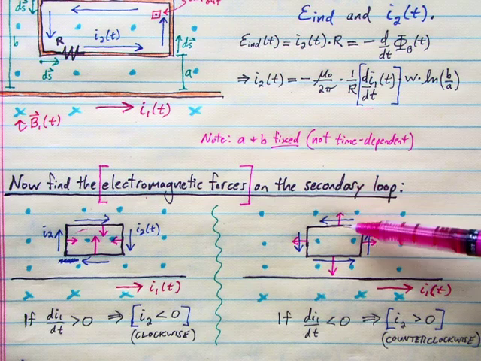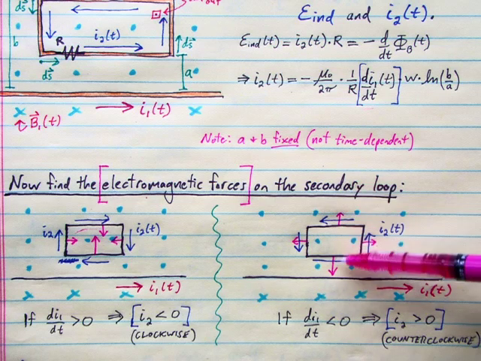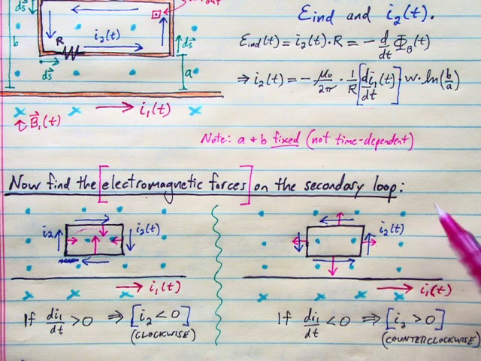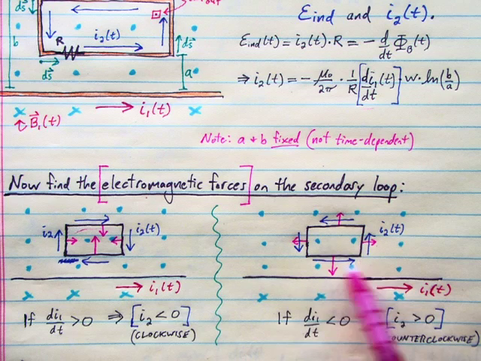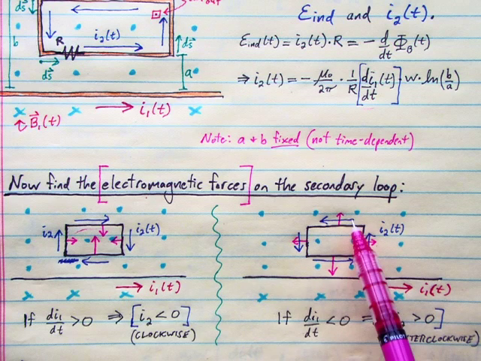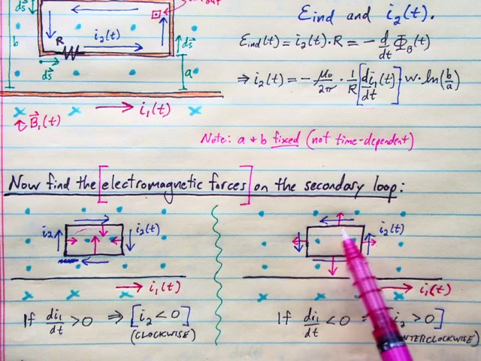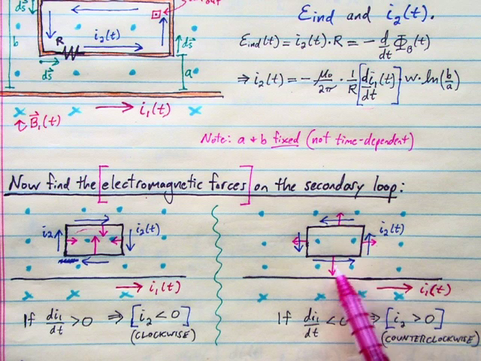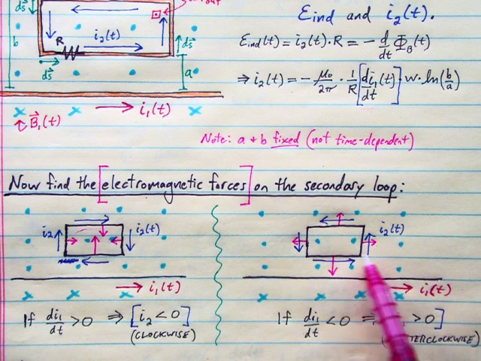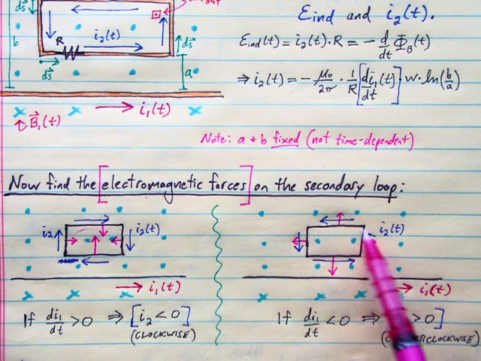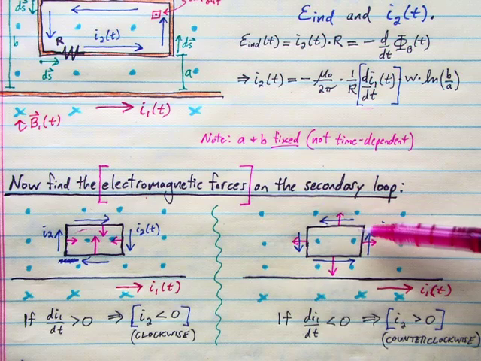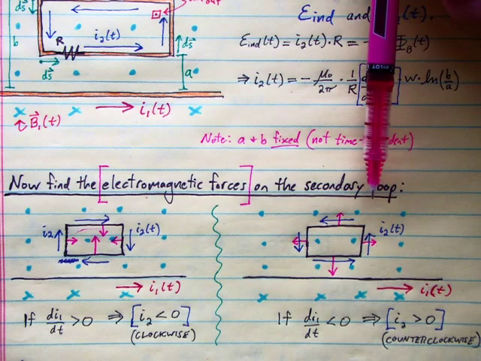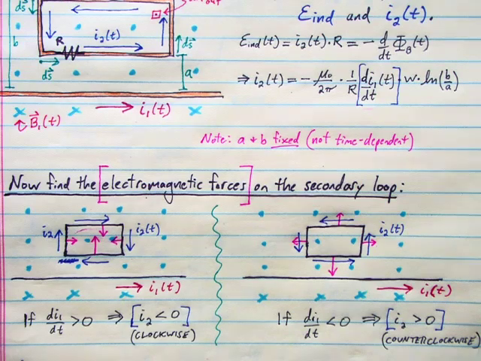But these up and down forces do not cancel each other out because, once again, the magnetic field nearer the primary is stronger than the magnetic field far away from the primary. And since the electromagnetic force, the Philb force, is directly proportional to the field strength, this force on this segment will be stronger than this force on that segment. So this secondary loop in this case would be feeling a net force towards the primary.